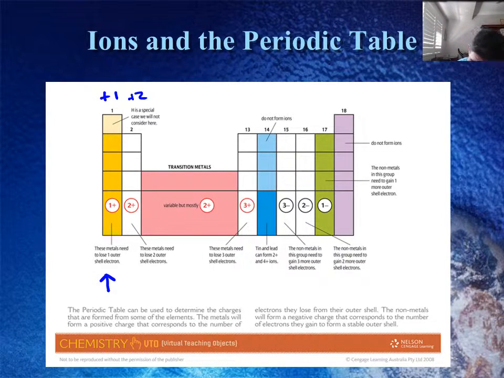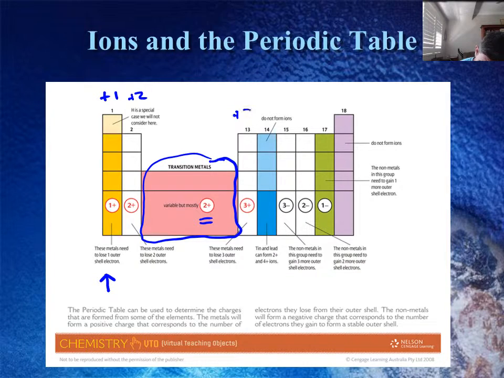The transition metals can have multiple charges and multiple valencies, and we've talked about that before as well. Most of them will have a 2+ charge and often a 2+ and some other charge, but that's not all of them, and there are lots and lots of different things that are happening with the transition metals.